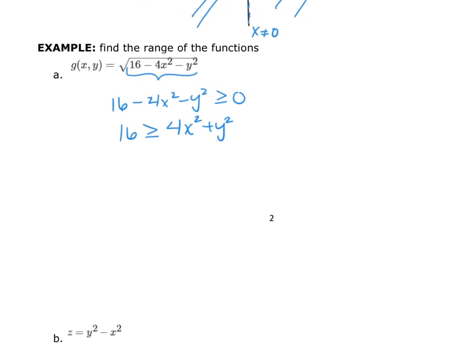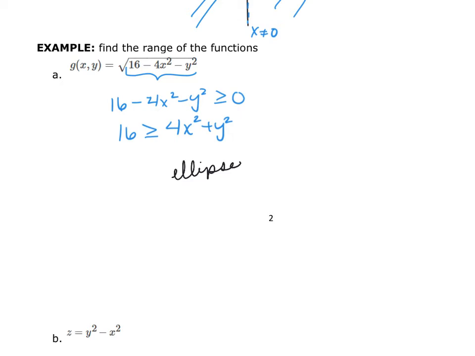Okay, from our conic sections in pre-calculus 2, we know this is an ellipse whose major axis is on the y. Because if I write this in standard form, I divide everything by 16.